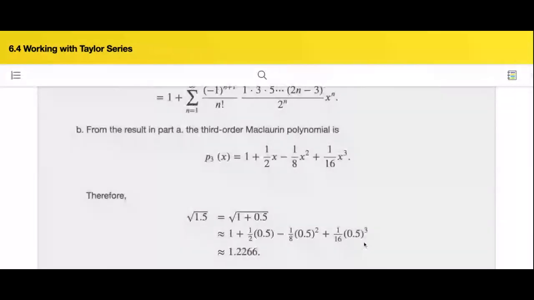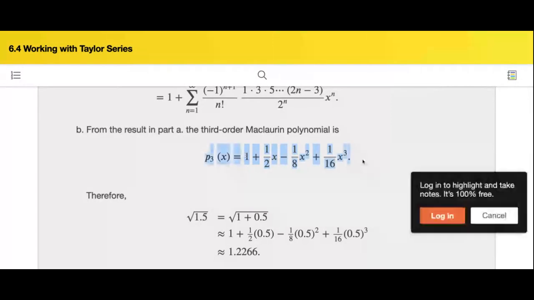So if we want to use this to approximate the square root of 1.5, we have 1 plus 0.5 raised to the half. We plug into this approximation. We get 1 plus half times half minus 1/8 times half squared plus 1 over 16 times half cubed.